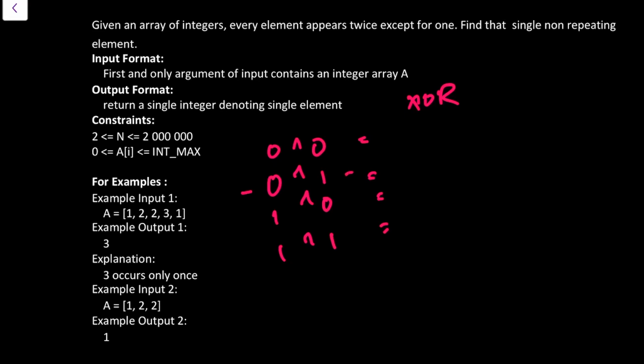If both the sides are different, only then the XOR will return 1. Otherwise, it will return 0 if both of them are the same. So that's the table of XOR. Given any two numbers, if you want to get the XOR of those two numbers, we put A XOR B, this bitwise XOR operator, right? It does the bitwise XOR operation of both these numbers and gives us the result.